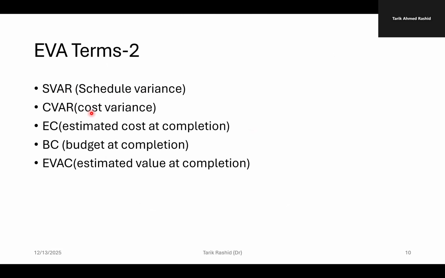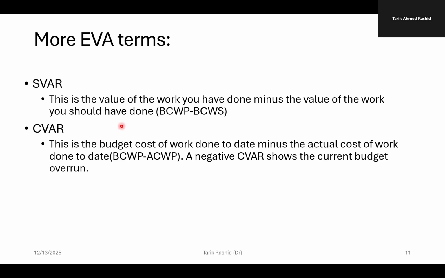And cost variance, again, this is budget cost work performed minus actual cost work performed. And then we have more terminologies. So this is schedule variance, budget cost work performed minus budget cost work scheduled. And the cost performance index, budget cost work performed over actual cost work performed.